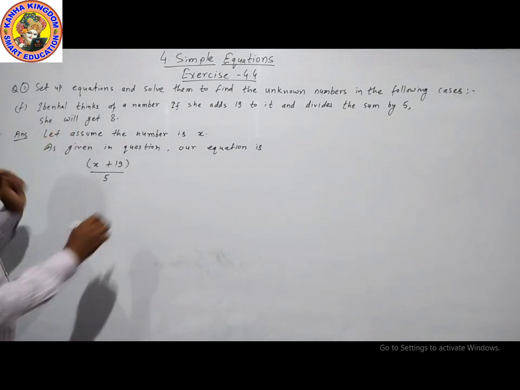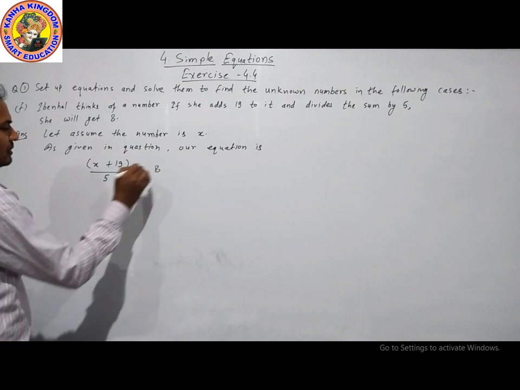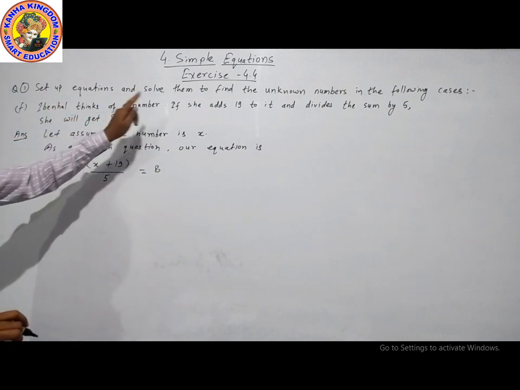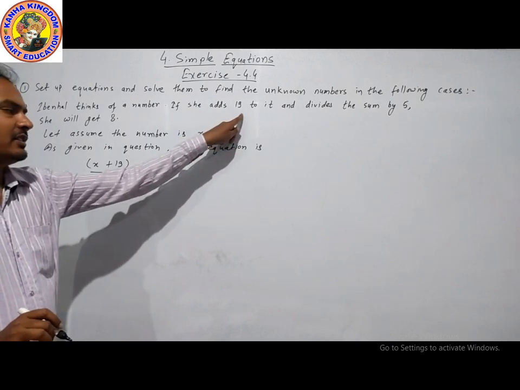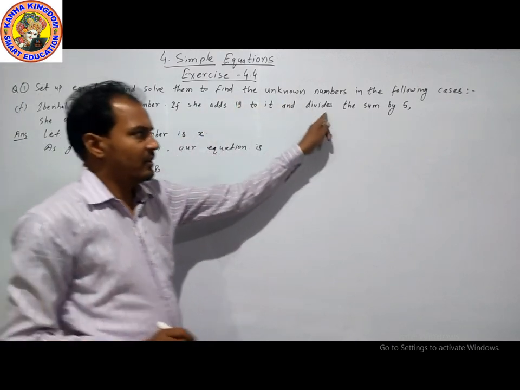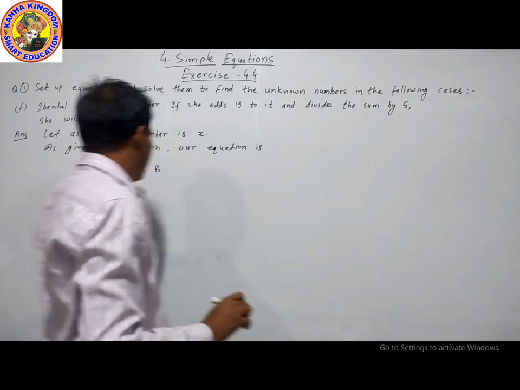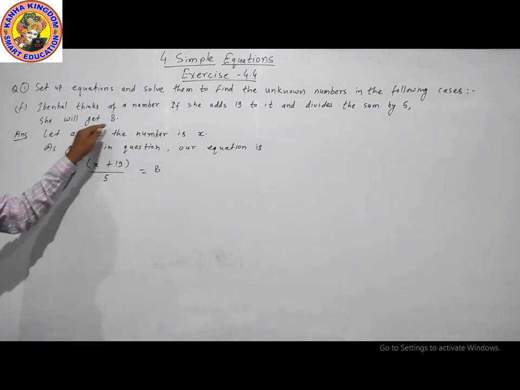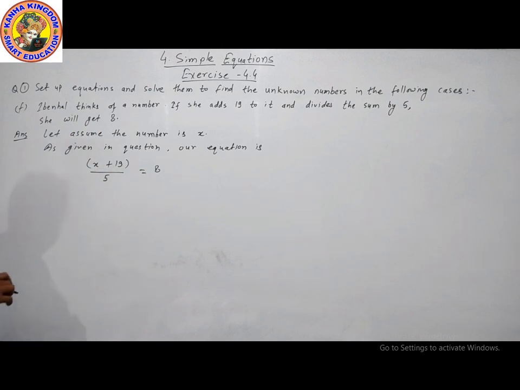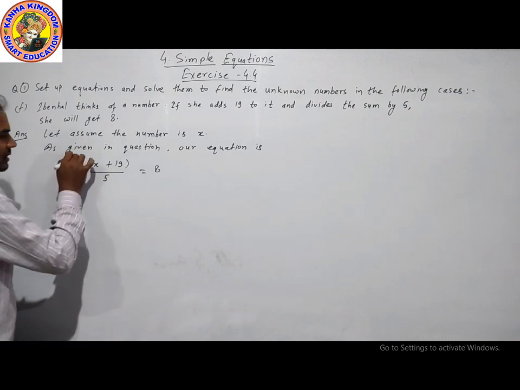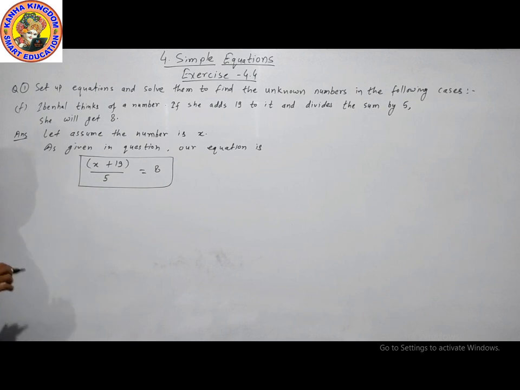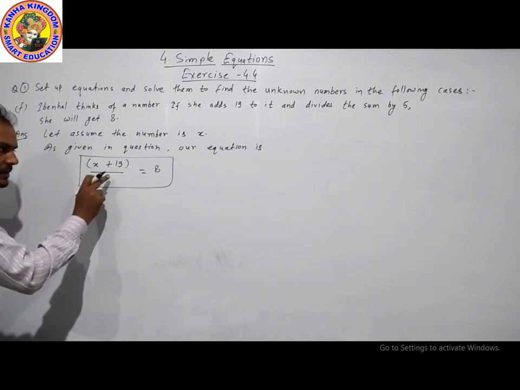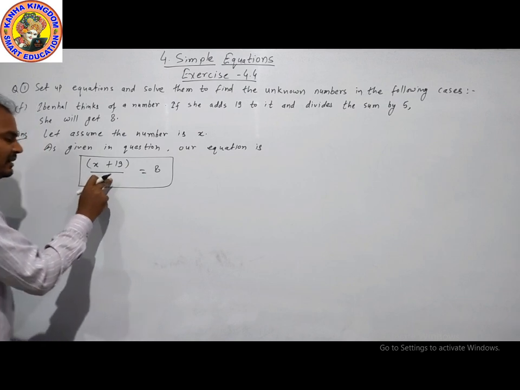She will get, means equal to 8. So x plus 19 divided by 5 is equal to 8. This is our equation. Now we will solve the equation. First of all, here is divide by 5, so we will multiply by 5.